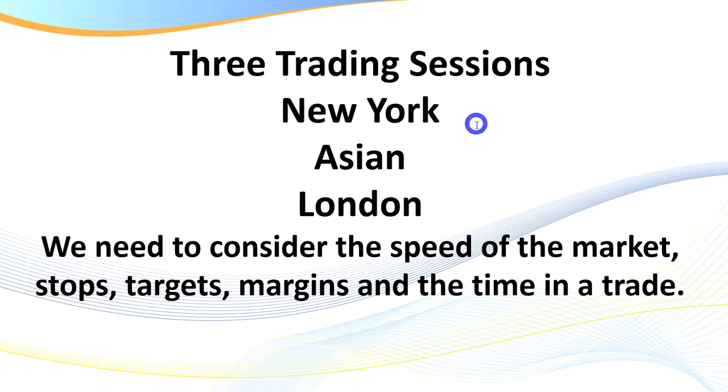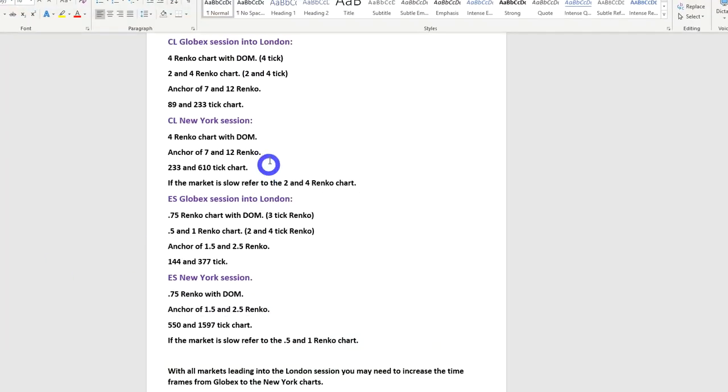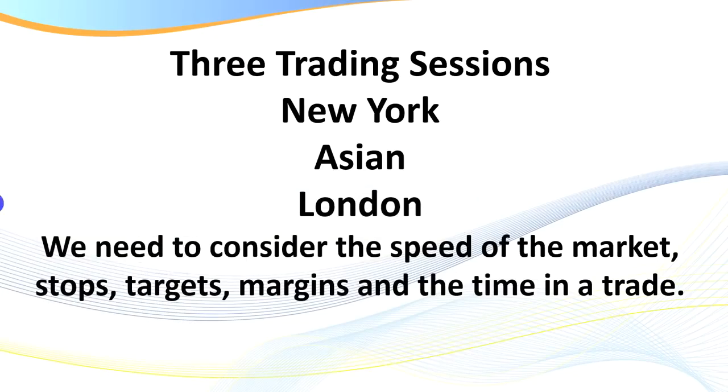If you're trading futures, it slows way down for the Asian session and picks back up for London. And the reason I bring that up is we need to have different time frames, and hence on that Word document we have a number of different time frames for the New York session, leading then the Globex session into London, and all subject to the speed of the market.